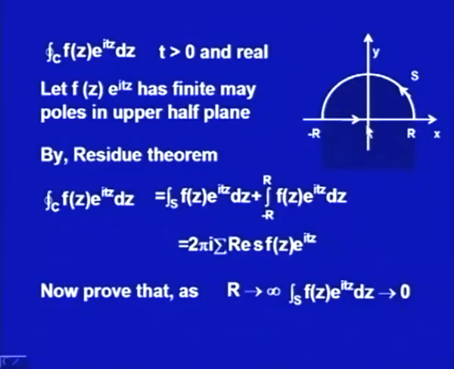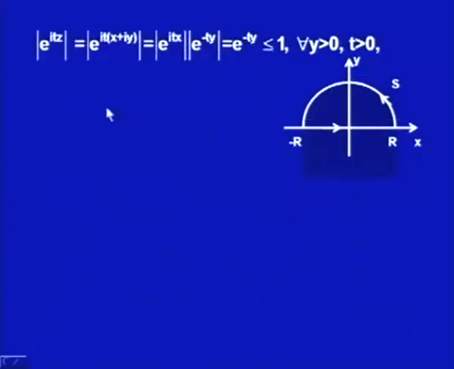So, let us first see this portion here. My integrand is f(z) e^(itz). Let us first see what e^(itz) is. Here z is a complex number, we could write it as x plus iy.